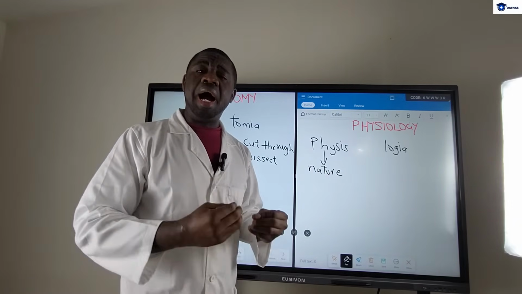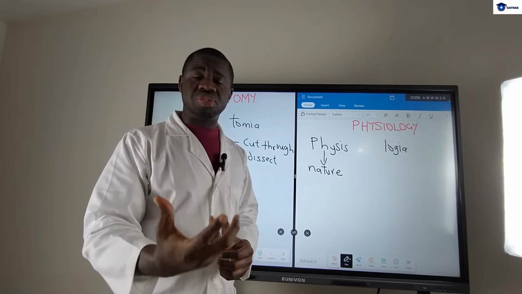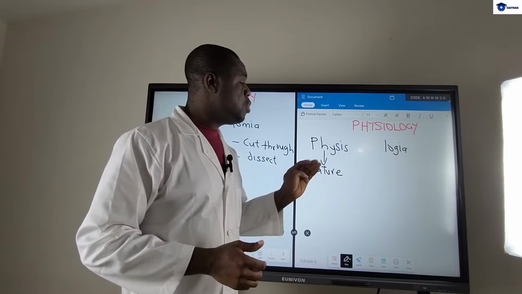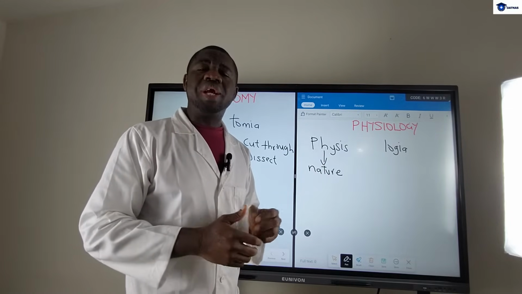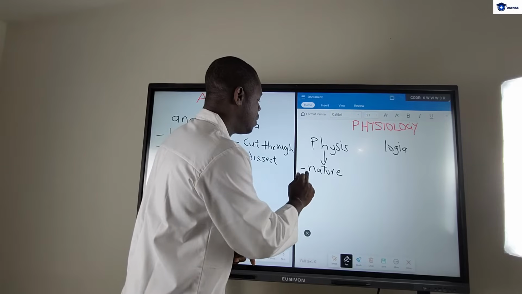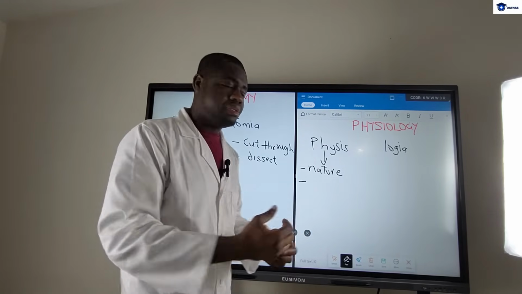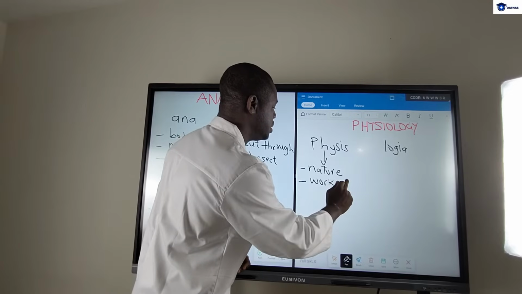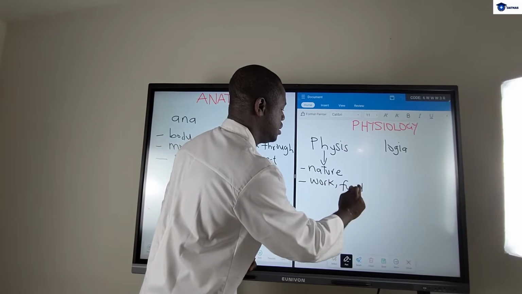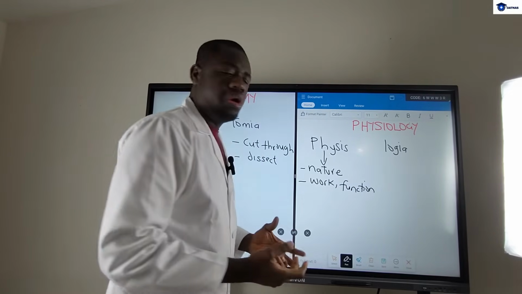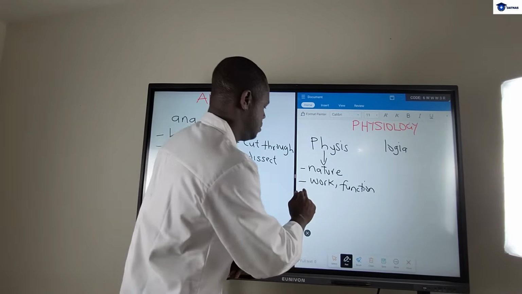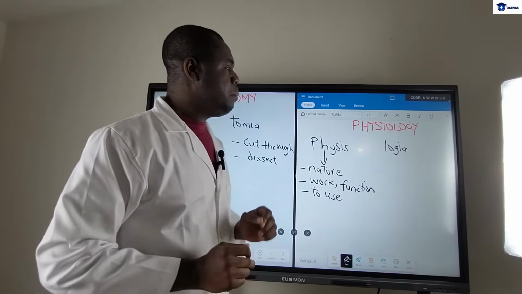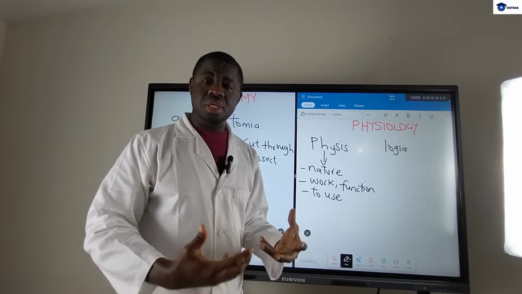That is how the nature works. For better understanding of the word physis, we can say that physis also means work or function or to use. But logia means study.